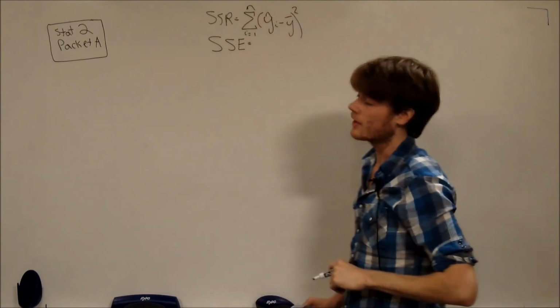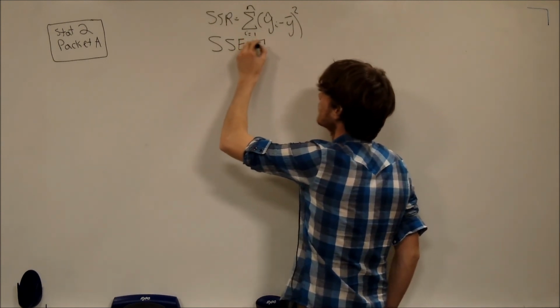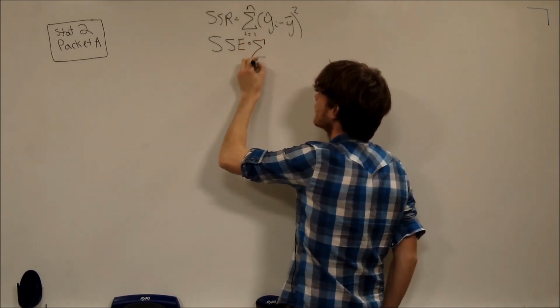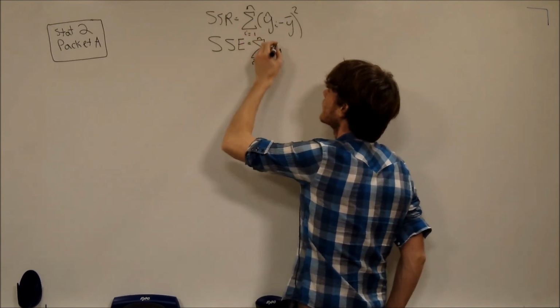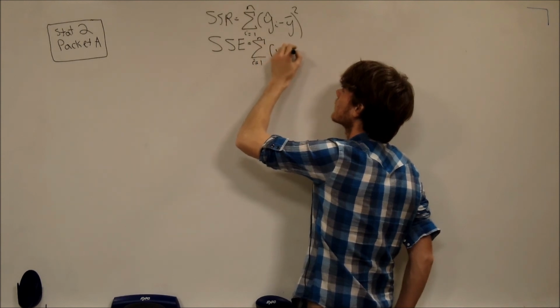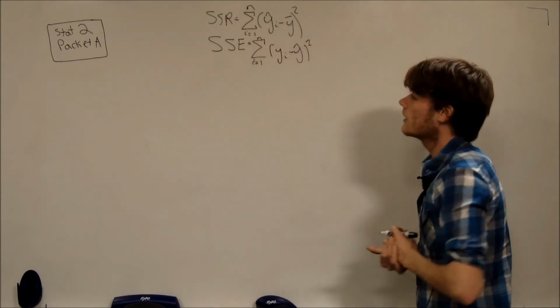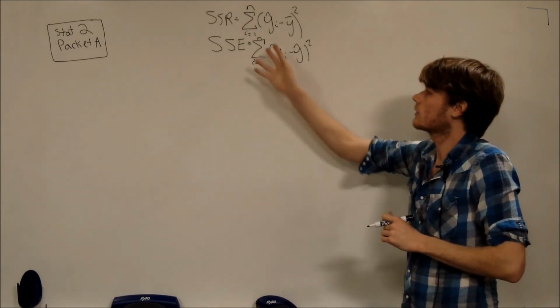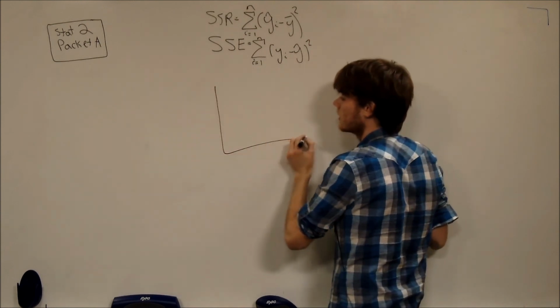As I was explaining before, SSE is that other component of doing the test to see whether or not beta equals 0. It's y i minus y hat.